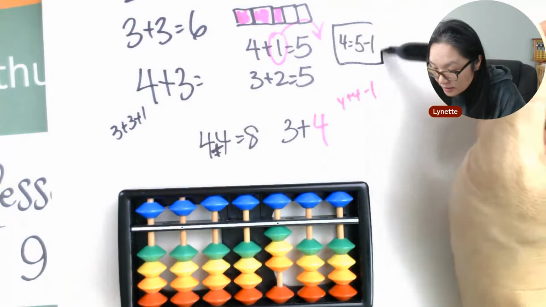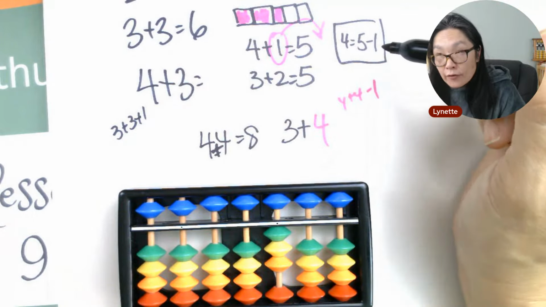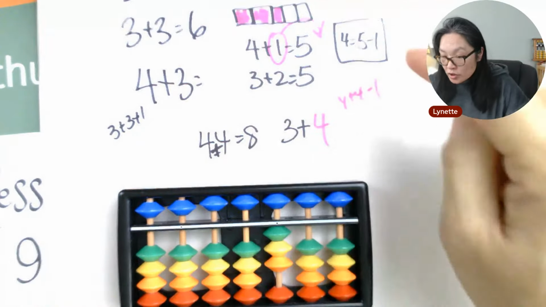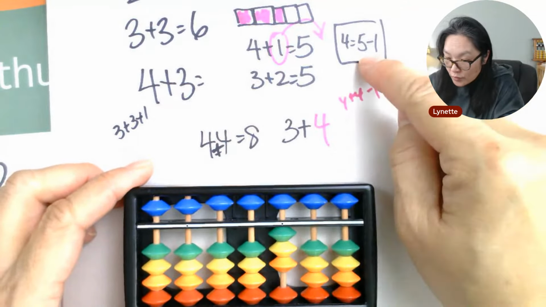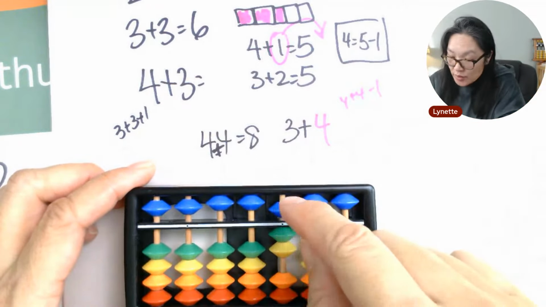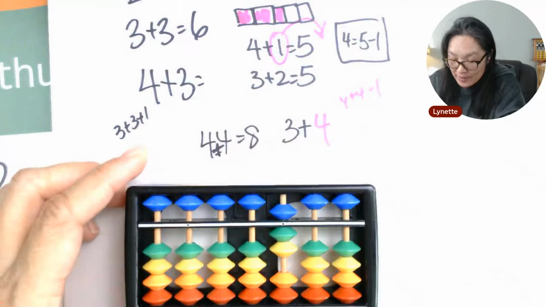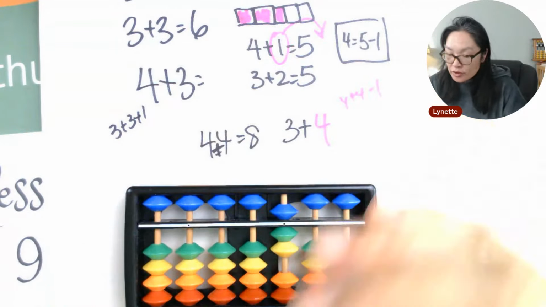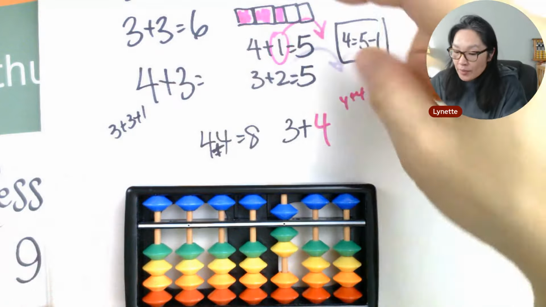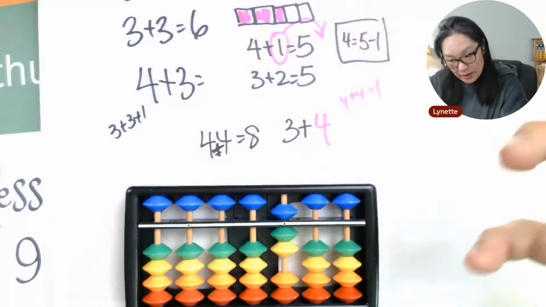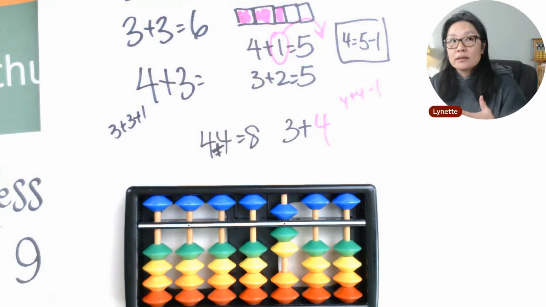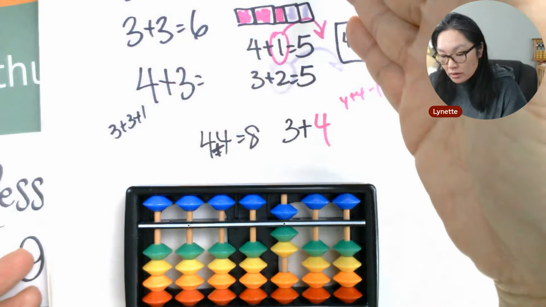This is a common formula that is used in abacus everywhere. So we know that with 4, we want to add the 5 and take away the 1. This will always be the case. On the abacus, there are sets of formulas that we have to memorize. These are more building blocks, but we take the 5 frame and use it in advanced steps. So that's why we do it.